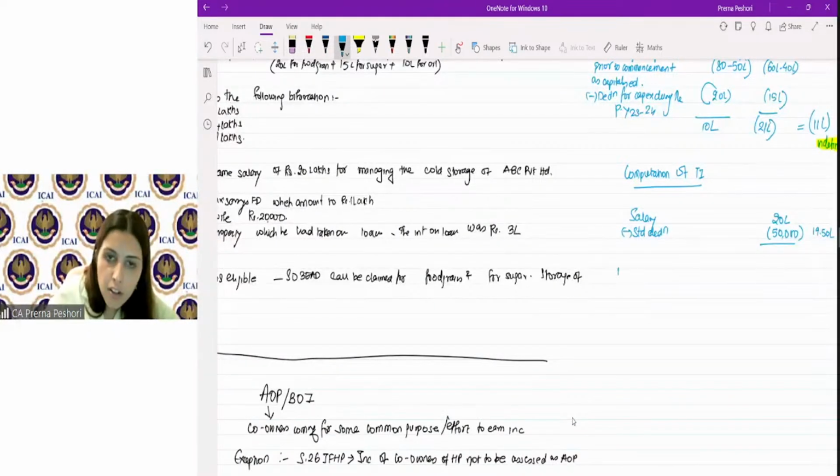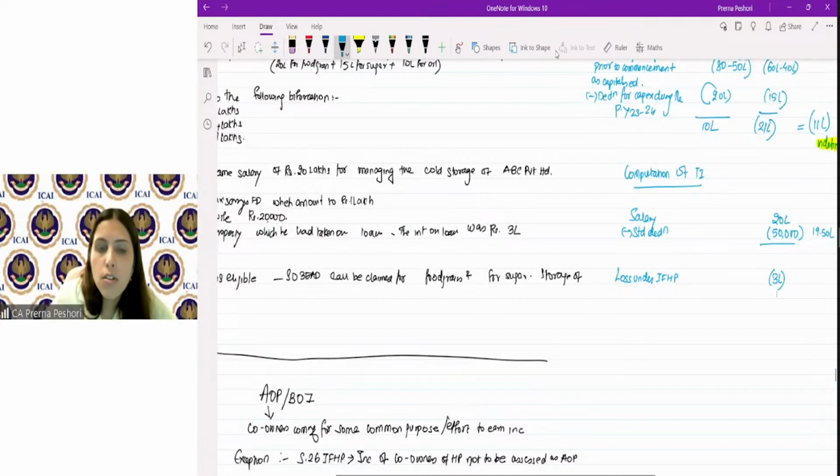Then I have loss under IFHP, which is 3 lakh. So the entire 3 lakhs will be allowed to me as a loss. Yes, what about IFHP? It is in context of the self-occupied property.